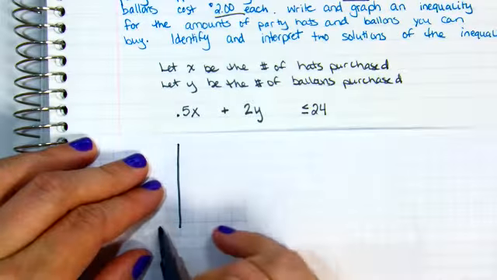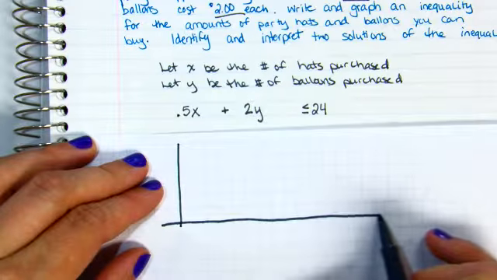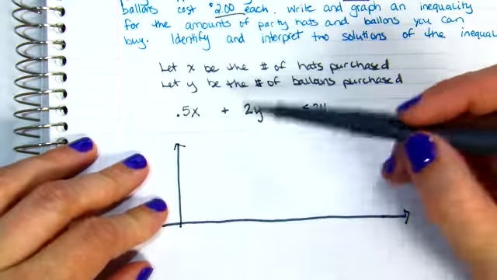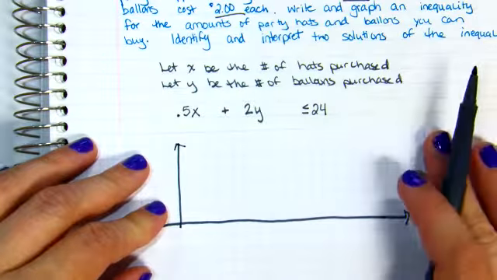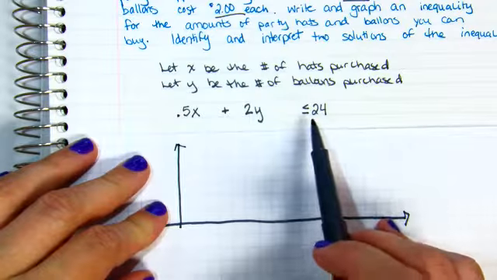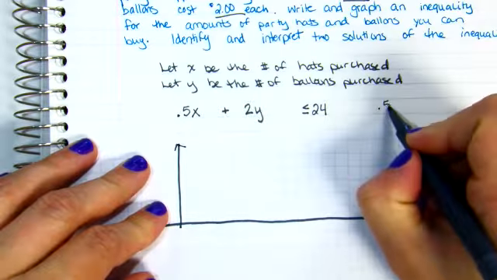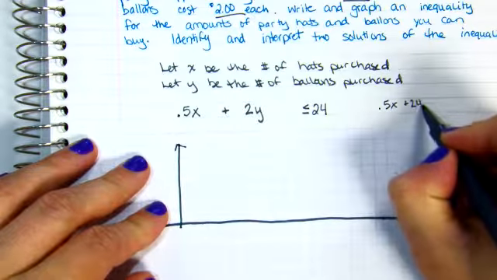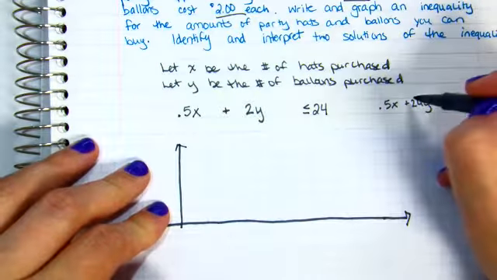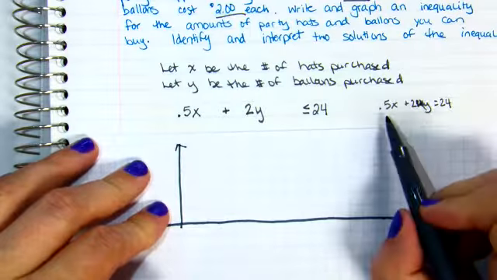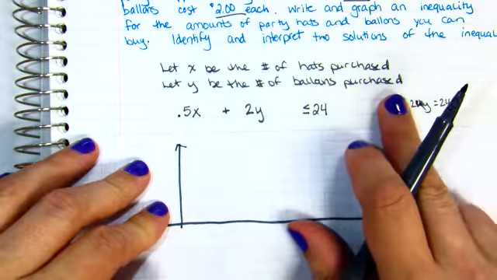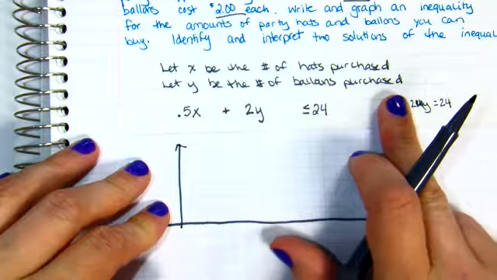Let's figure out my intercepts. This is standard form if it were an equation: 0.5x plus 2y equals $24. If I put in 0 for x, y would be 12. So 2, 4, 6, 8, 10, 12.